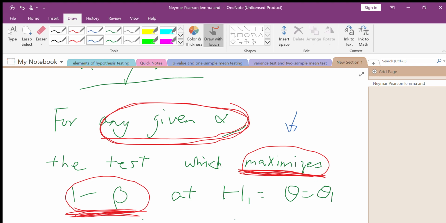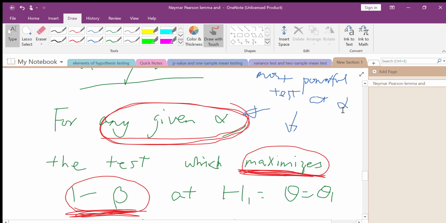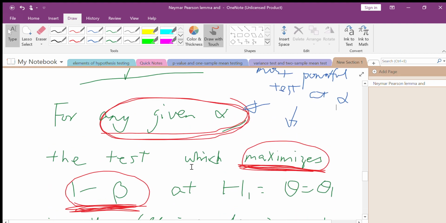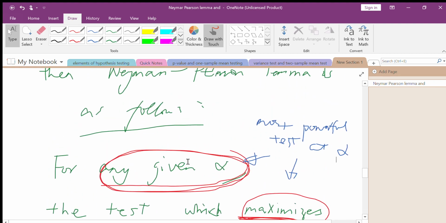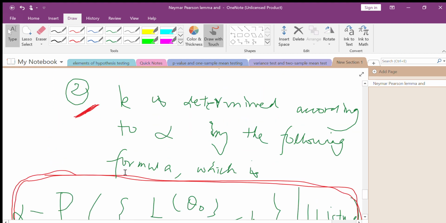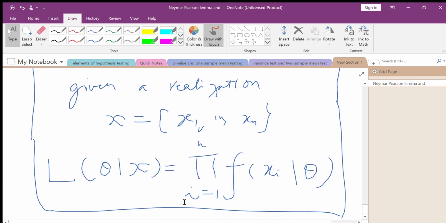We call these two aspects the most powerful test at alpha. This is a restatement of these two parts of the Neyman-Pearson lemma, with a specific terminology in statistics theory. Okay, so we have finished the introduction of the Neyman-Pearson lemma.